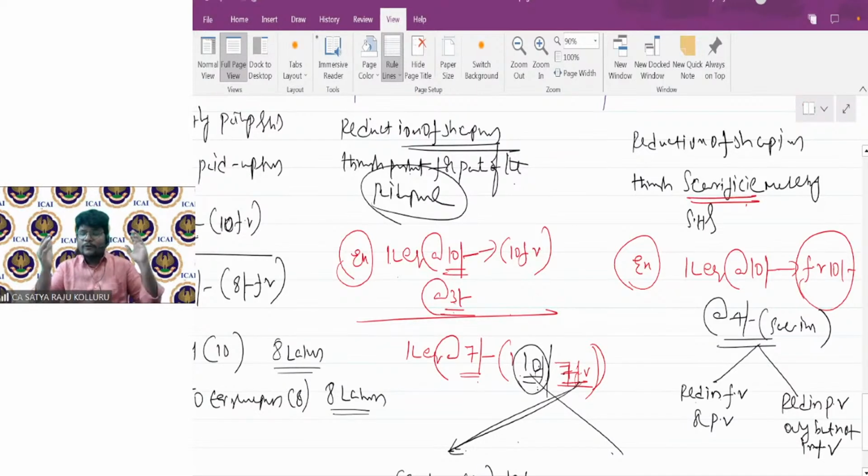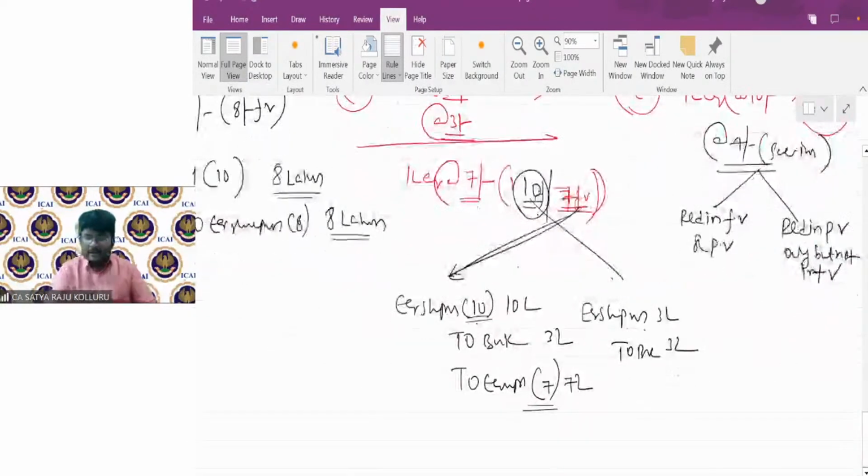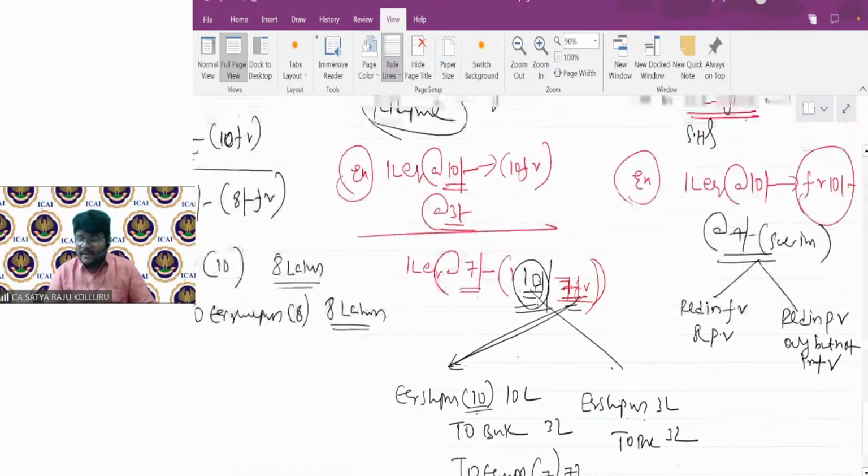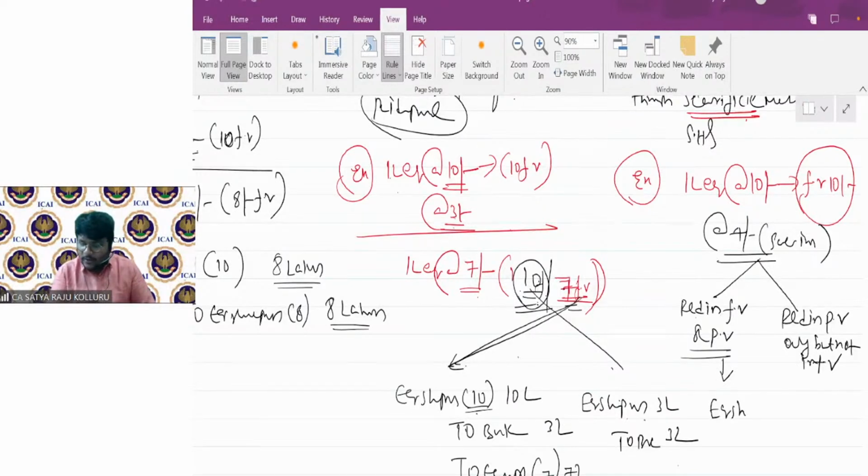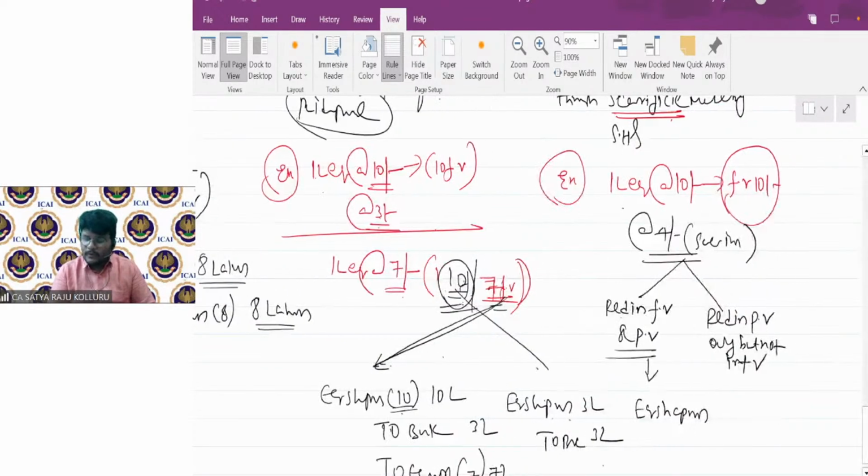How are you going to reduce? They will ask. Like that, the two scenarios I told you, the same two scenarios are going to apply here as well. Sir, there is a reduction in face value as well as paid up value. Then the entry, first I will tell you, consider all of you. The old equity share capital you can cancel, 1 lakh into 10 rupees, which is 10 lakhs.